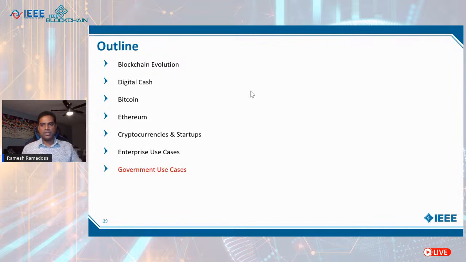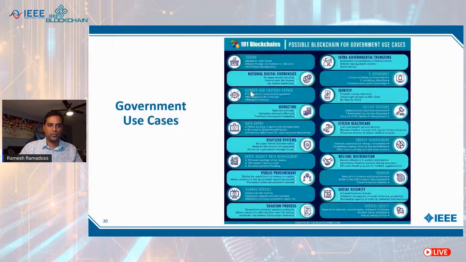Okay, so now let's move on to the last section, which is on government use cases. Here you see a few examples where blockchain could be used for government applications or services, including digital currencies.